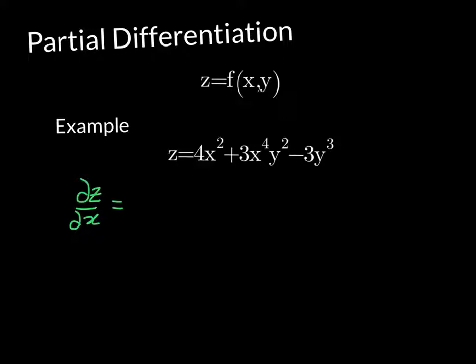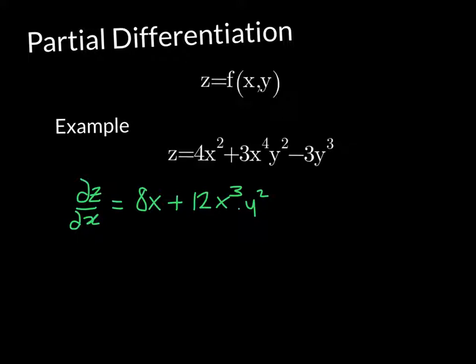So first, if we differentiate 4x squared with respect to x, we just get 8x. And then if we differentiate the second term with respect to x, then we get 12x cubed multiplied by y squared. As I said, we just keep the y as a constant. We treat it as a constant, just some arbitrary number.